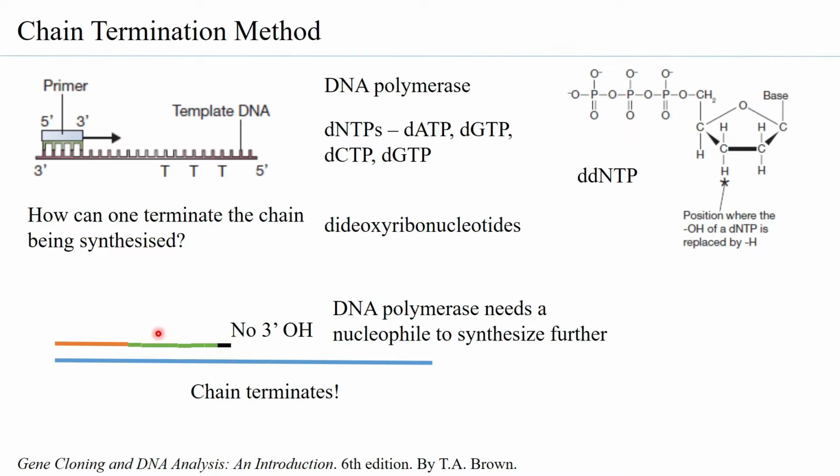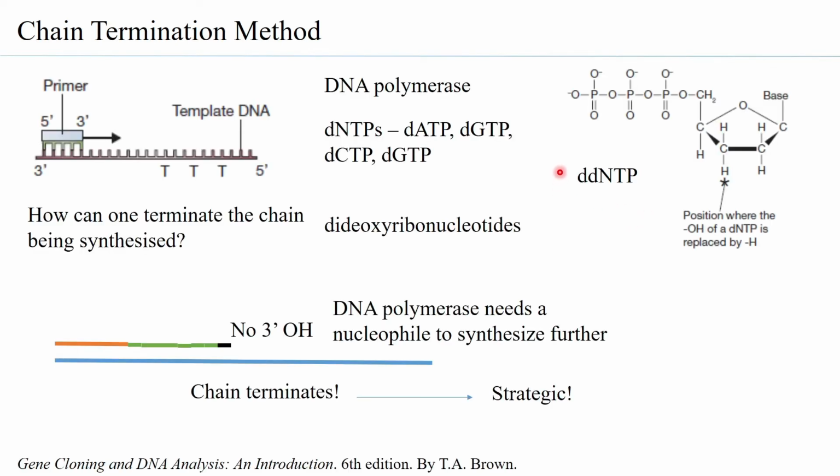So you may not have further chain elongation at all. If you have a higher amount of ddNTPs in comparison to dNTPs, then the first nucleotide will always be a dideoxyribonucleotide triphosphate.